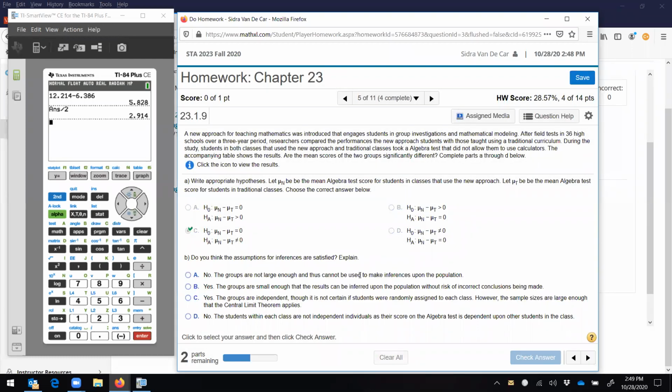Okay. Do you think the assumptions for inference are satisfied? 36 high school students. So probably the traditional curriculum is the same. The groups are independent. The sample sizes are large enough.